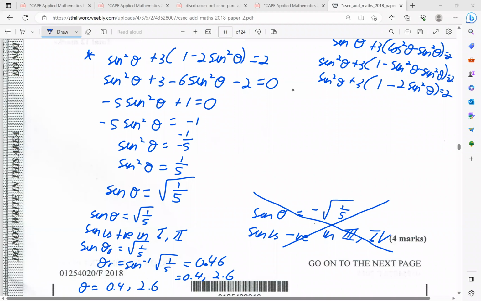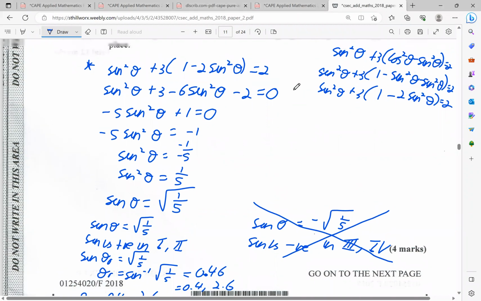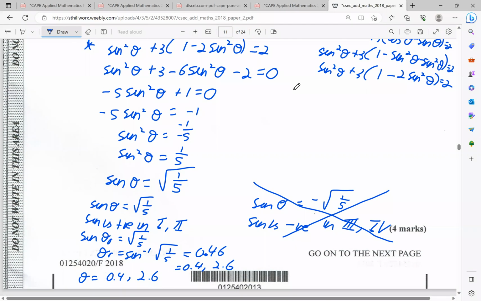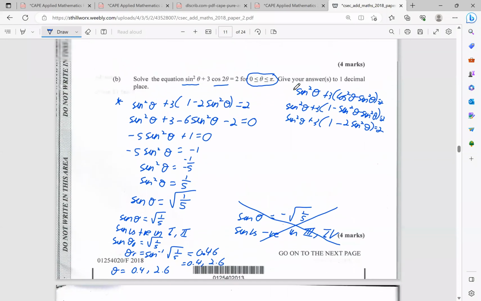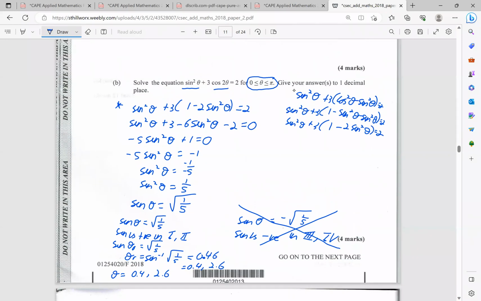Okay, so sine squared theta is 1 over 5. Sine theta is the square root of 1 over 5, so it's either plus or minus. Now, because it's negative in the third and fourth quadrant, we cancel that out. We go for 1 and 2. Theta r is sine inverse of root 1 over 5, which you'll get 0.46.